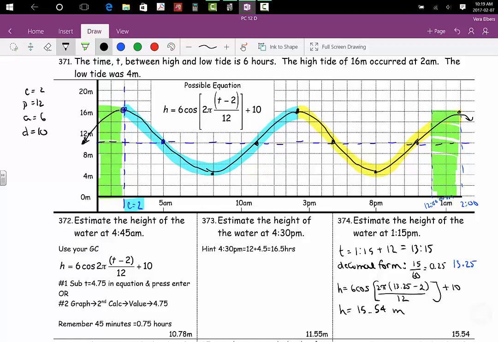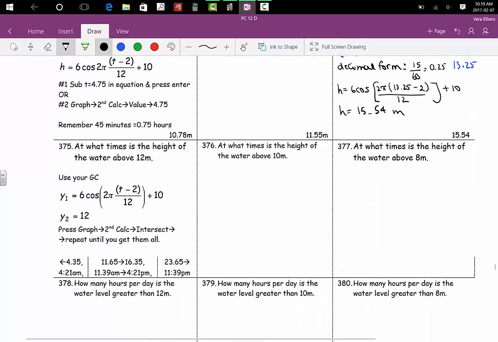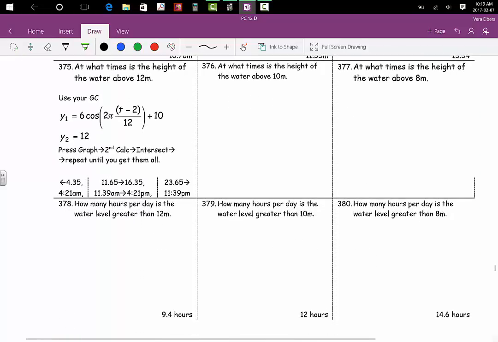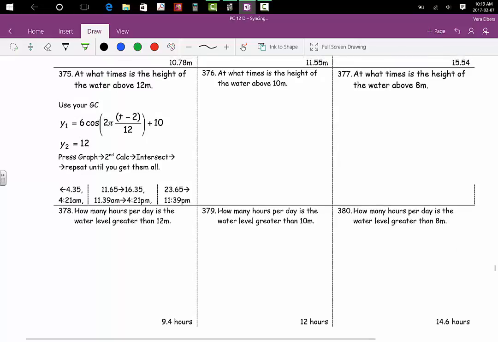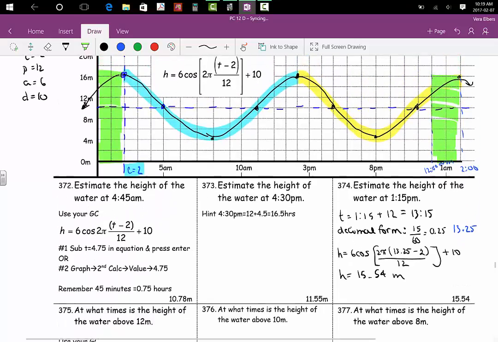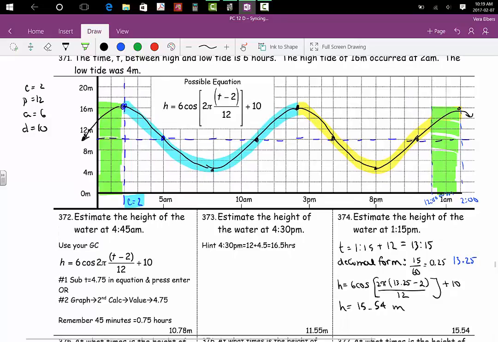Okay, so the next question, we are asked, at what times is the height of the water above 8 meters? Let's go to our graph, and where is 8 meters on our graph? Well, on our graph, 8 meters is along here. And we want to know the times the height is above that value.